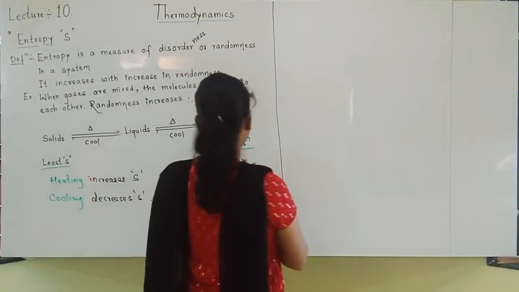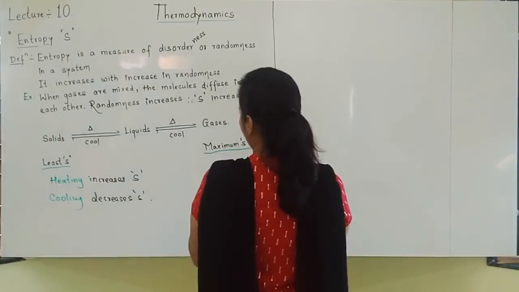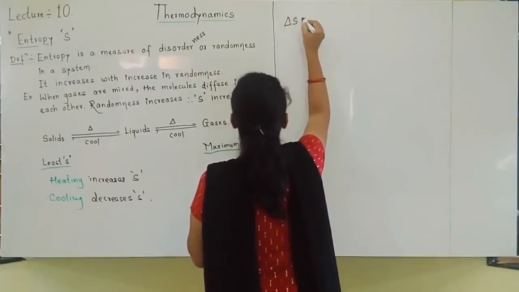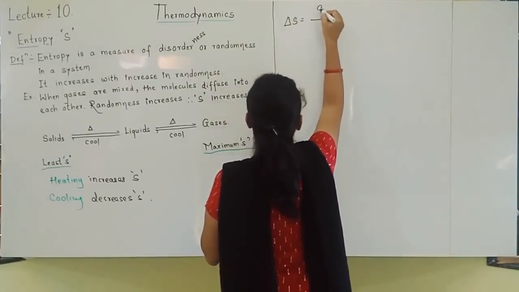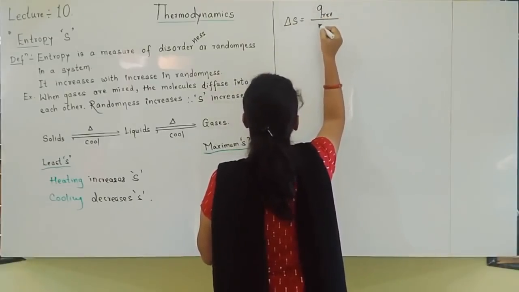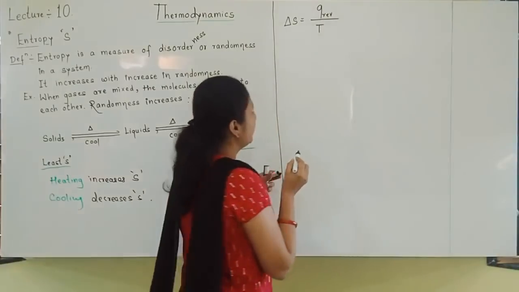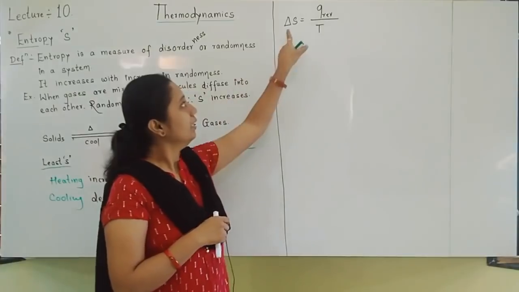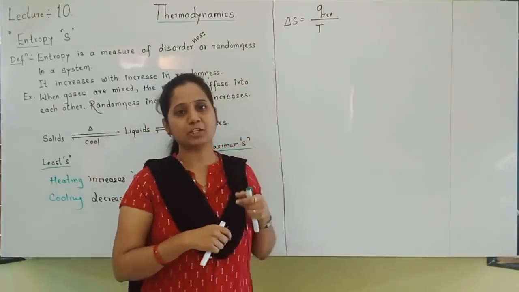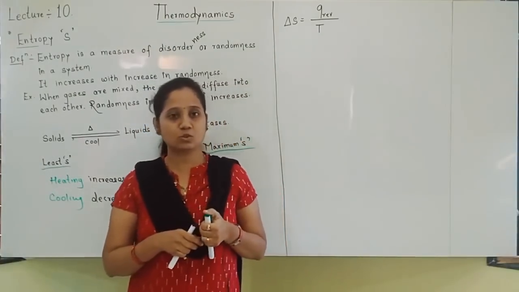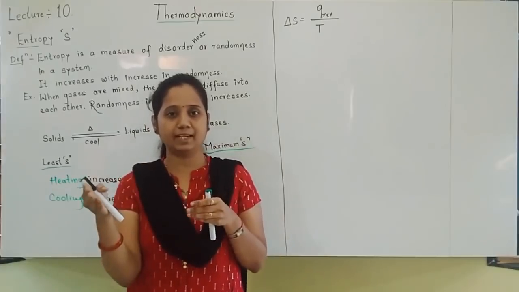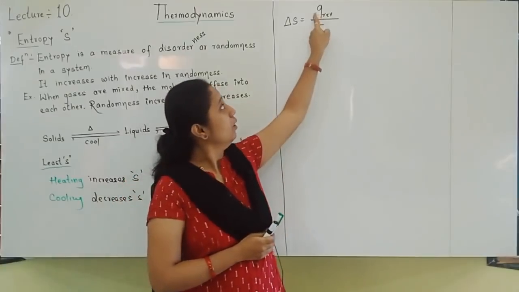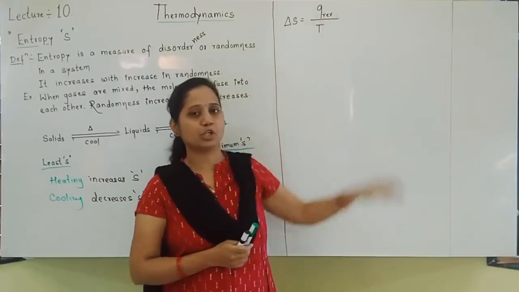Let us see the formula for entropy. For entropy change, we can write the formula: Q in a reversible process divided by temperature. Why? Let us understand. Delta S is change in entropy, S2 minus S1, or final entropy minus initial entropy. How is it directly proportional to heat?